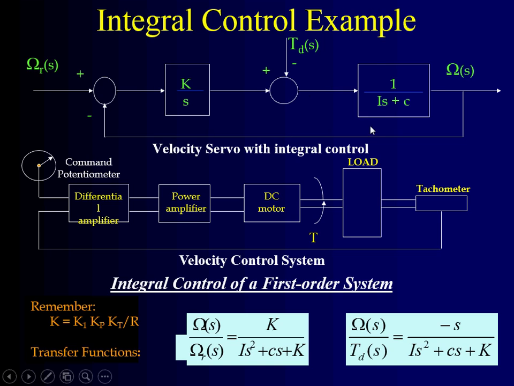This is your system, and then this is your integral controller. So this is an example of a velocity control system where you feed back the velocity and then you calculate the difference and then you apply power. This is a typical case of a cruise control, right? That's how it works.